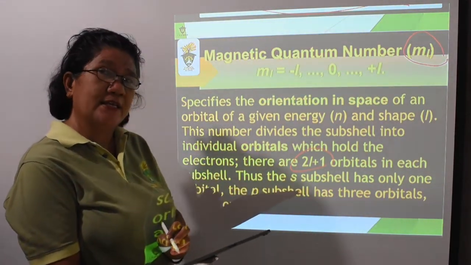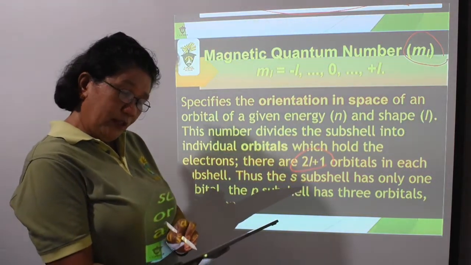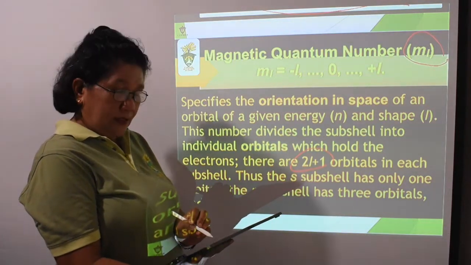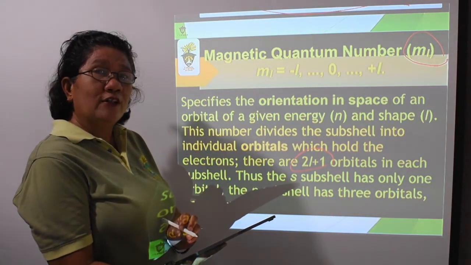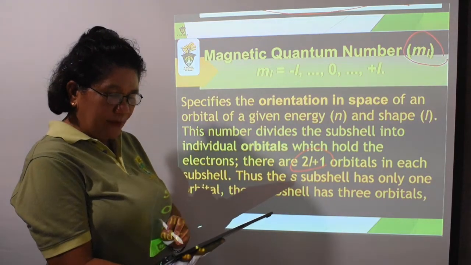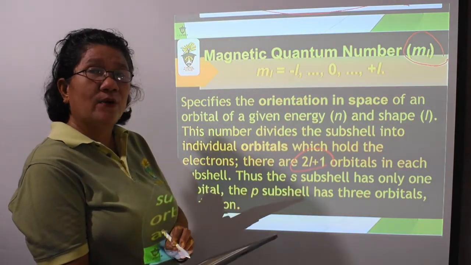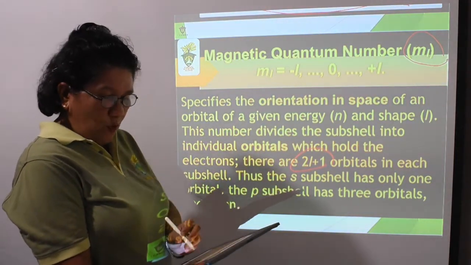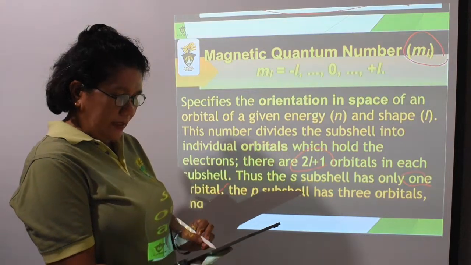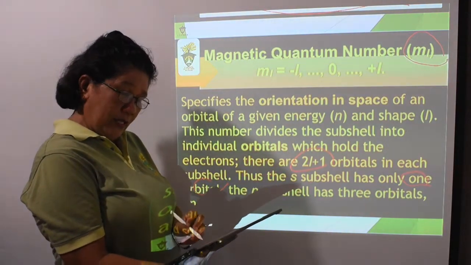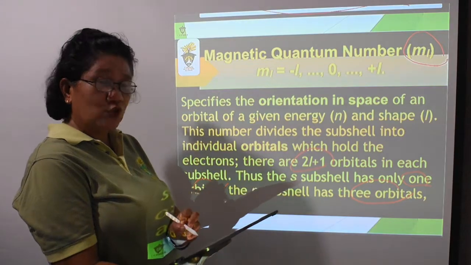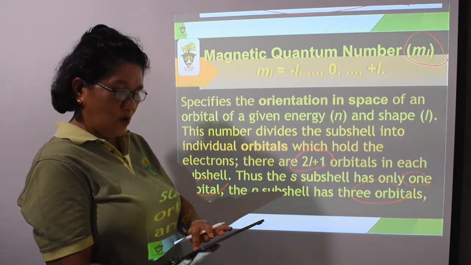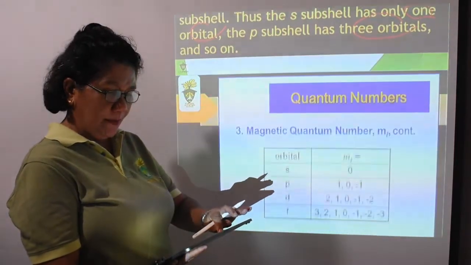Therefore, if your L is equal to 0, your subshell will be the S. So for the S subshell, L is 0, 2 times 0 is 0, plus 1 equals 1. That is why the S subshell has 1 orbital, the P subshell has 3 orbitals, that is 2 times 1 is 2, plus 1 is 3, and so on and so forth. That is for the magnetic quantum number.